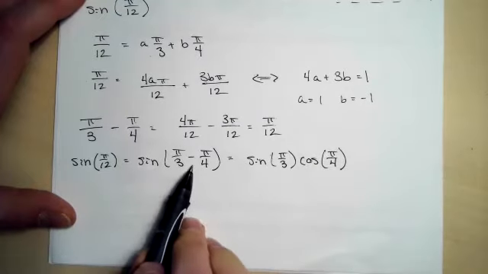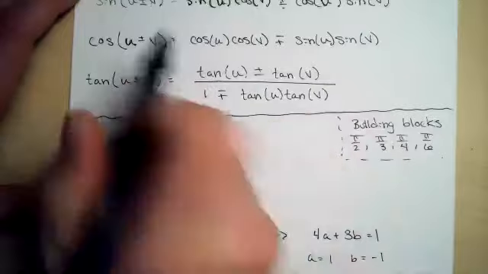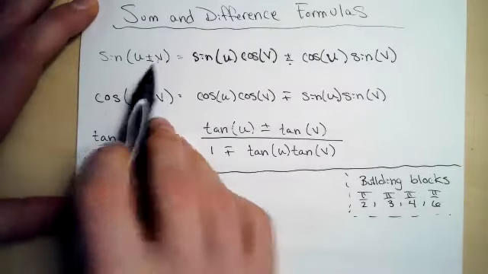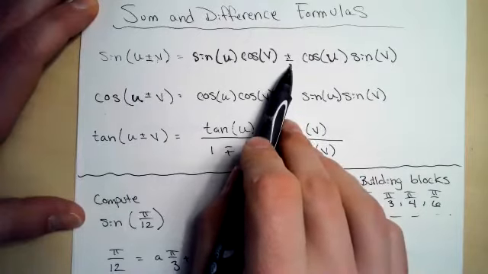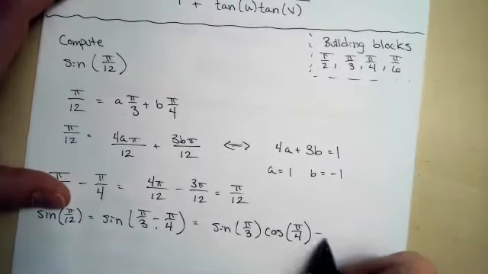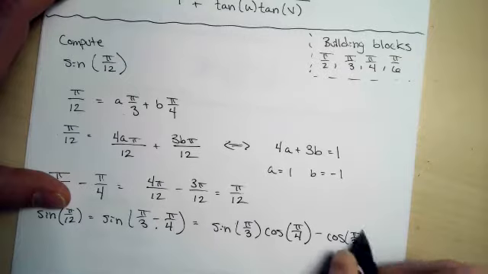We have a minus there. So a minus in the formula is the bottom symbol, which means we want to use the bottom symbol throughout. So bottom symbol there is a minus. Minus, now we've got cosine pi over 3 sine of pi over 4.